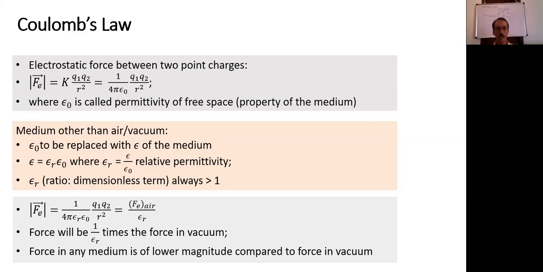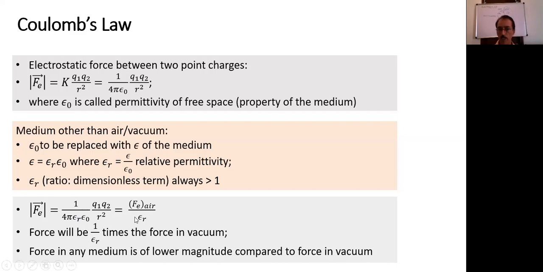If I write for any other medium, what is the change we notice here? In terms of epsilon naught, I have replaced the term here, epsilon r into epsilon naught. If I take this term out, the whole term is equivalent to force in air divided by epsilon r. All of you followed this part, what is written here?